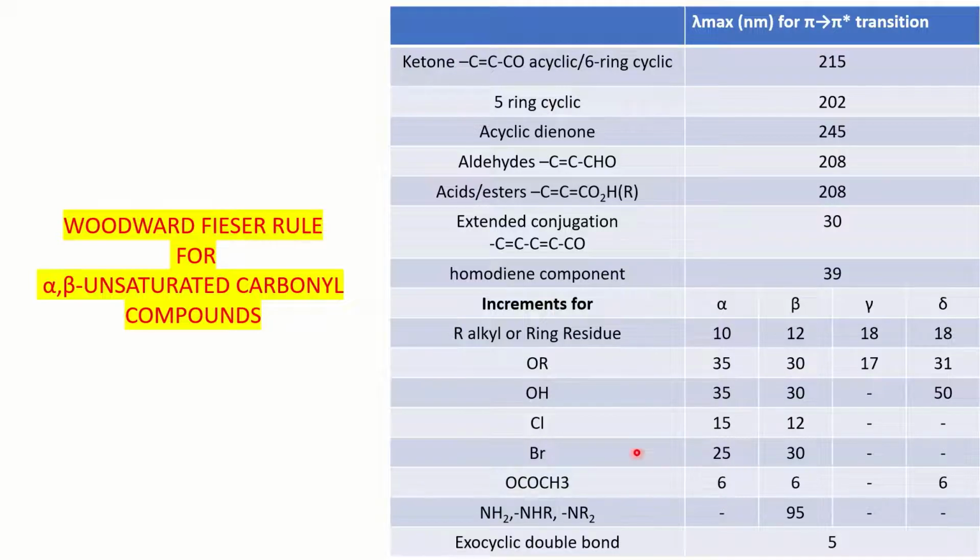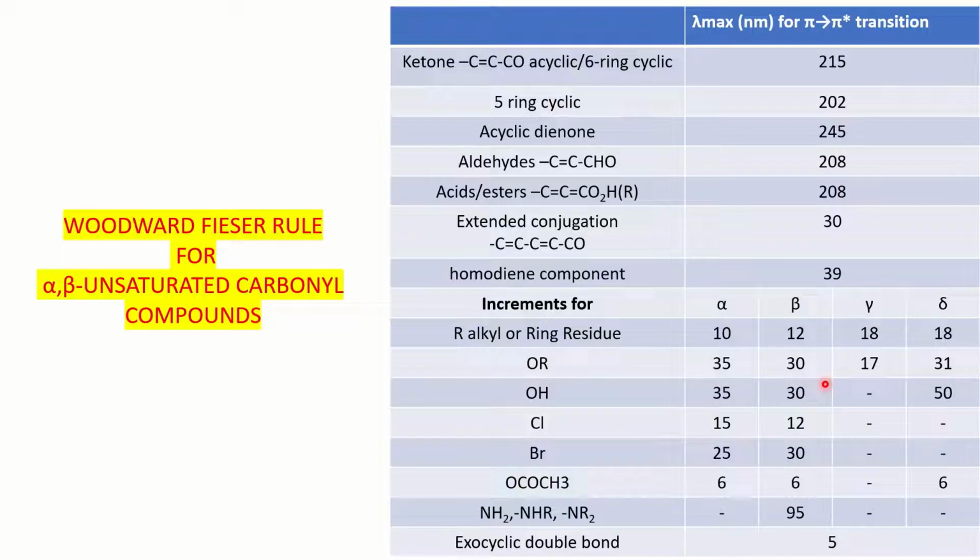And then the increments. As we know, for alpha beta unsaturated compounds you have the positions alpha, beta, gamma, delta. For each position, if substituents are present, you have a different value which you have to learn for the following functional groups. R is alkyl or ring residue; ring residue is applicable for cyclic compounds. Then OR, OH, Cl, Br, OCOR.